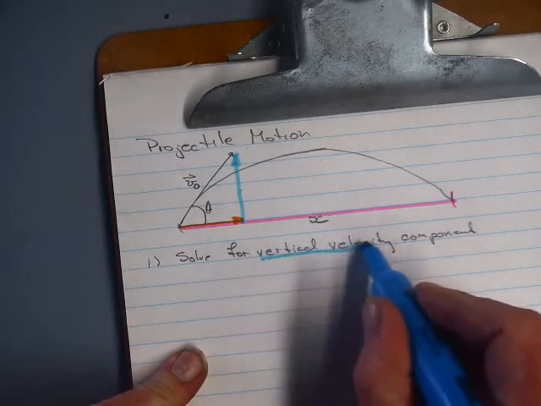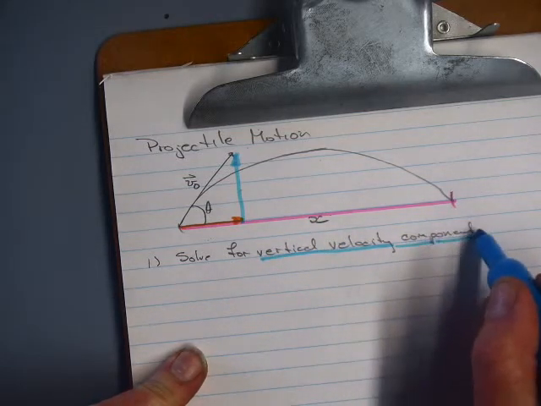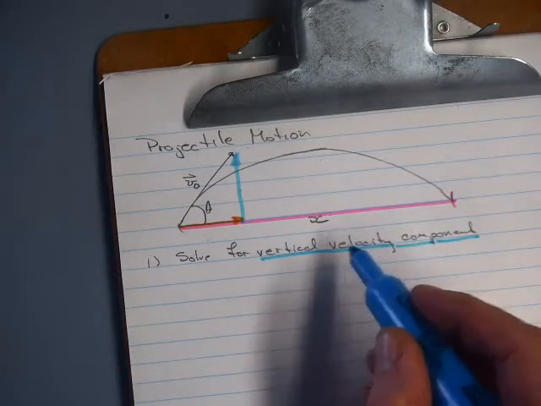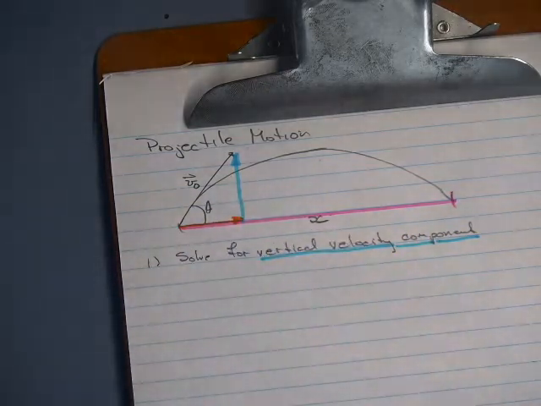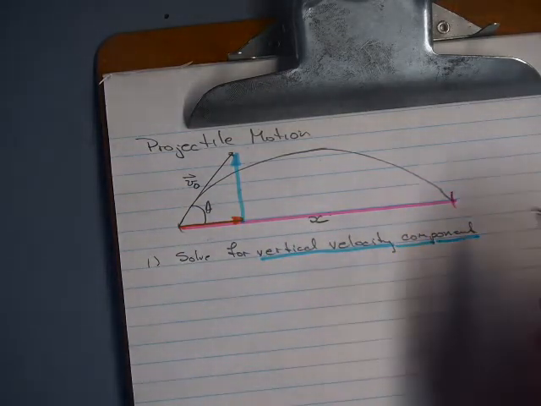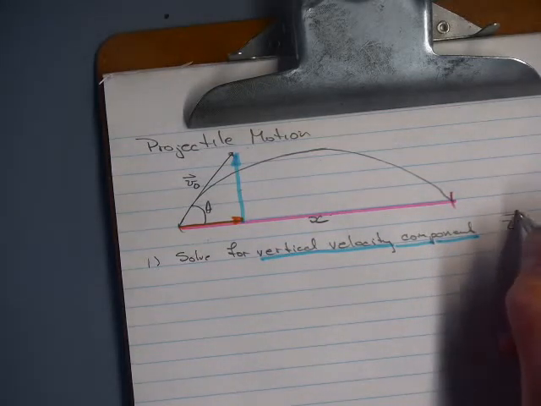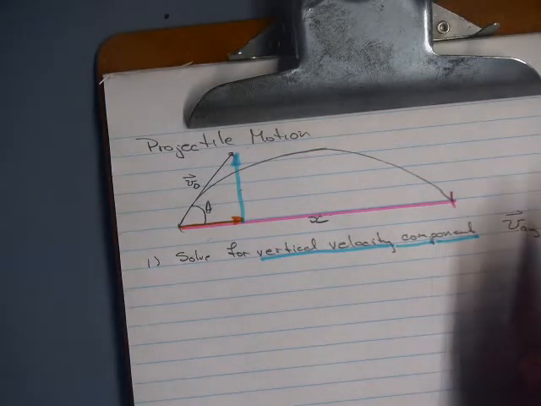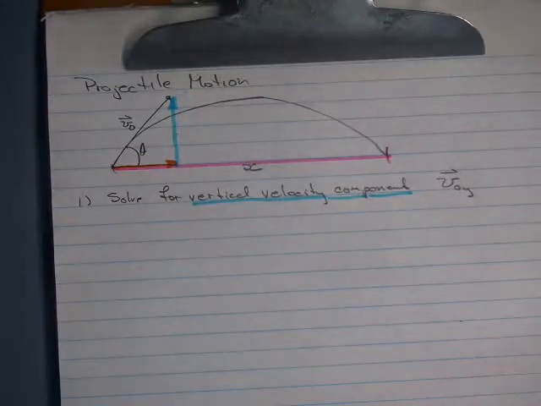So I'm going to color code the vertical velocity component, just so that you can relate the words to what I'm solving for here. And we're going to call this V naught y.